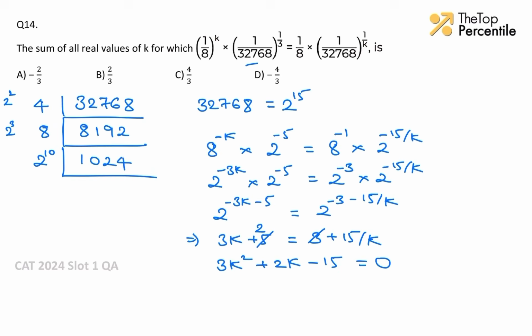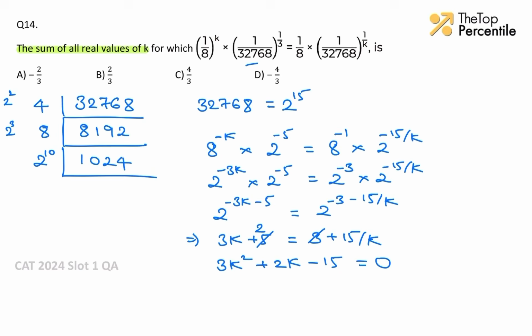Okay. Now I need to find the sum of all real values of k, and I've got a quadratic equation. So if I find out the roots are real, I can simply do sum of the roots as minus b by a. That will be my answer.